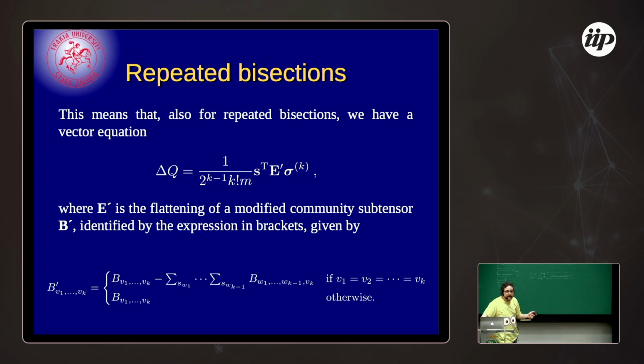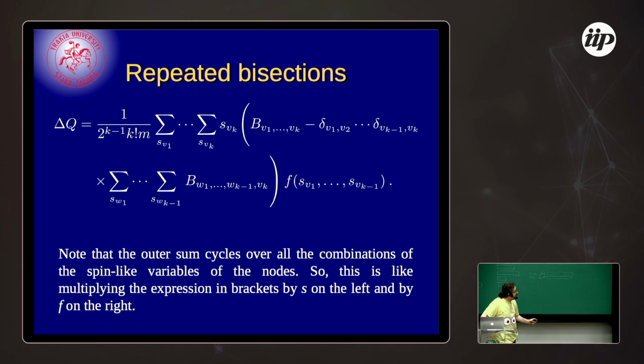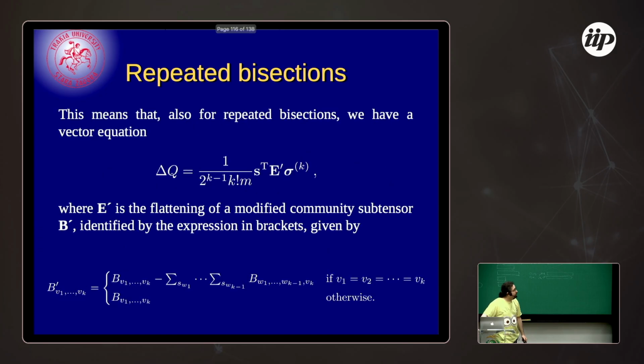So it's a community subtensor that doesn't have the same elements as before, but in some cases the elements are corrected. Now the good thing about this is the deltas. They are still saving the day, because this term here is non-zero only when all the k elements here are exactly the same, which means the only correction happens on the main hyperdiagonal of the community subtensor.